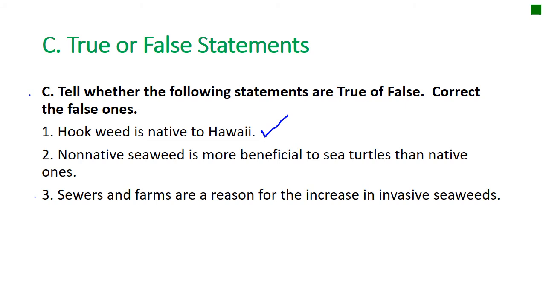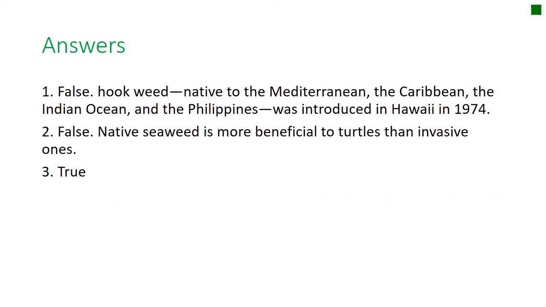Of course, the nitrogen runoffs feed those seaweeds with nitrogen, and the seaweeds just grow and flourish, the hurtful seaweeds. So false, hookweed native to these areas was introduced in Hawaii. False, native seaweed is more beneficial to turtles than invasive ones. Number 3 is true.